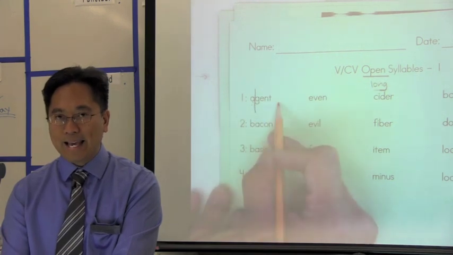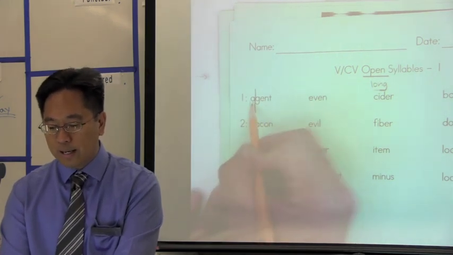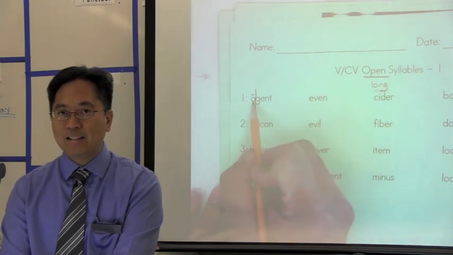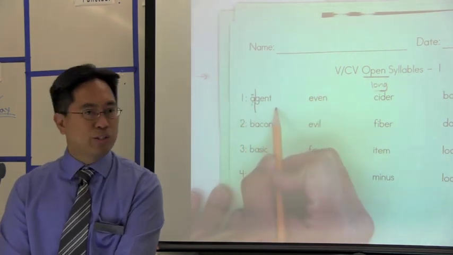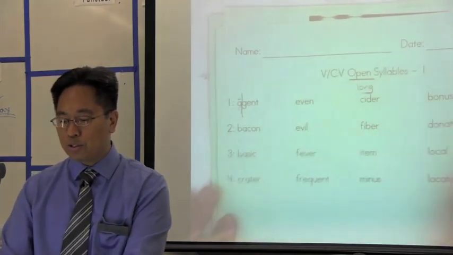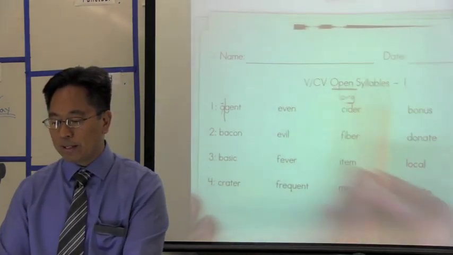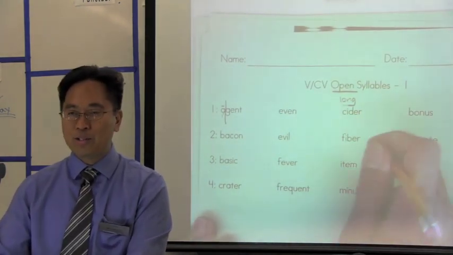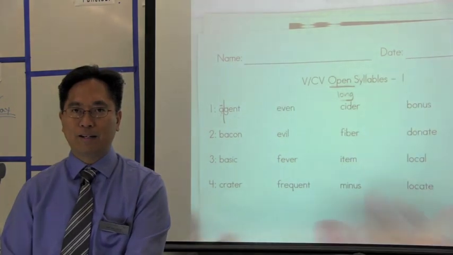What's the word? Agent. It has a long sound. If we use a short sound instead, this would be agent, agent, which does not exist in the English language. So it's important that the kids know the difference between an open syllable and a closed syllable, because that changes the pronunciation. And as you know, when you change the pronunciation, you change the meaning. Okay.